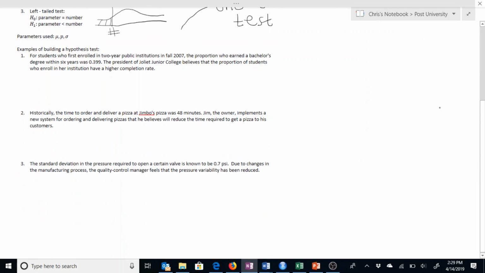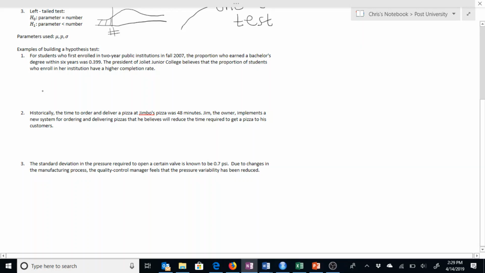Now, a few examples on writing those null and alternative hypotheses are these. So we have, for students who first enrolled in 2-year public institutions in the fall of 2007, the proportion who earned a bachelor's degree within 6 years was 0.399.